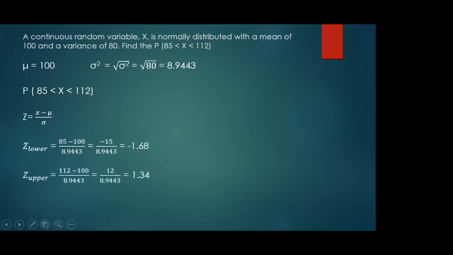Our Z upper now is going to be X equal to 112, which is 112 minus 100 divided by 8.9443, which is equal to 112 minus 100 is 12 divided by 8.9443, which is equal to positive 1.34.